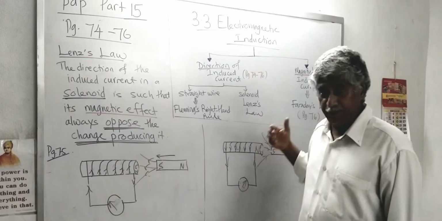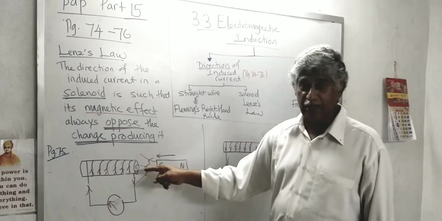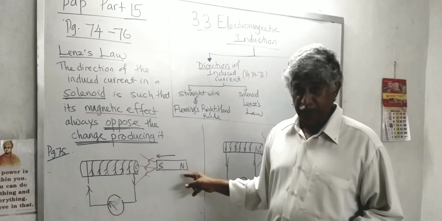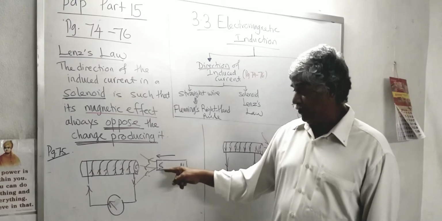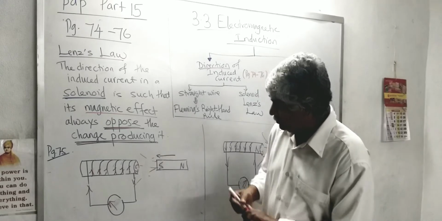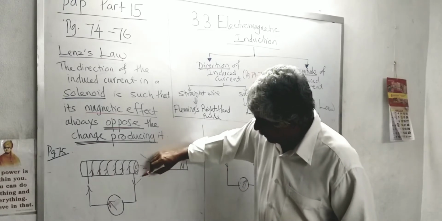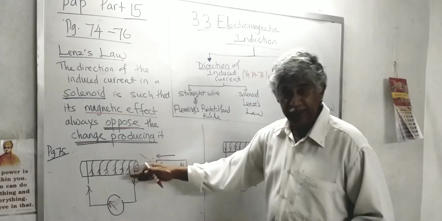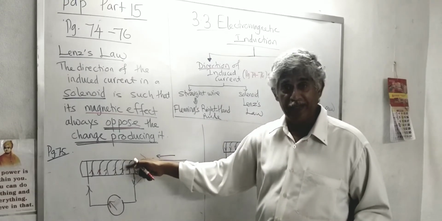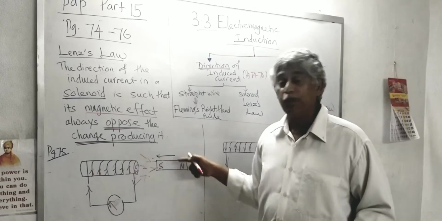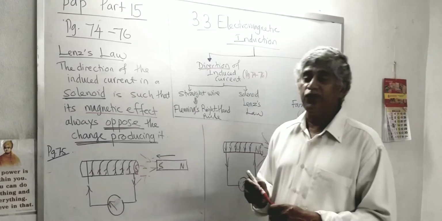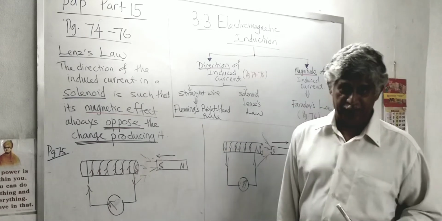Each time a pole goes in, the direction of current induced will oppose the magnetic effect which is producing it. Here the magnetic effect producing it is the south pole, and the south pole is going in. So when the south pole goes in, you must induce a south pole. The induced current's magnetic effect will oppose the south, so it must produce south.